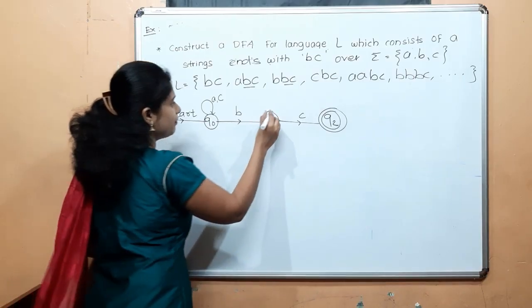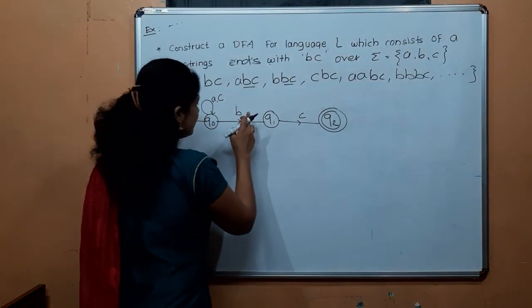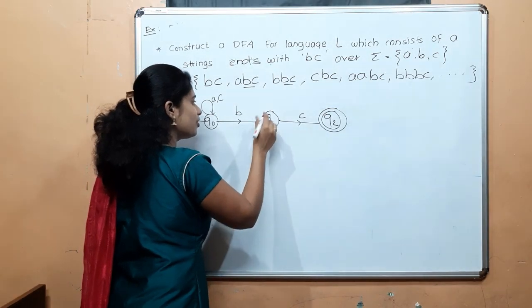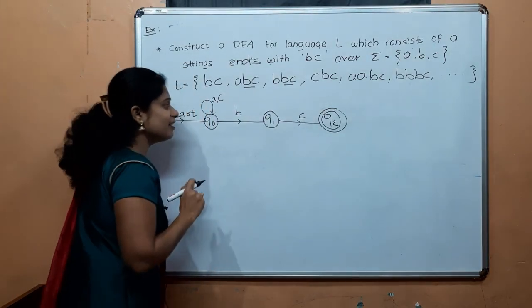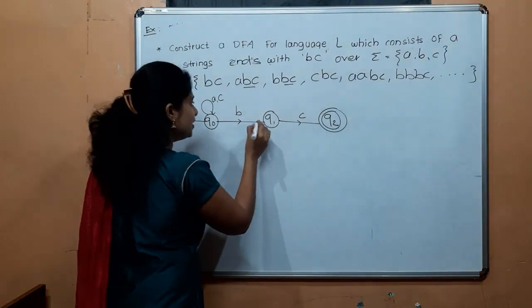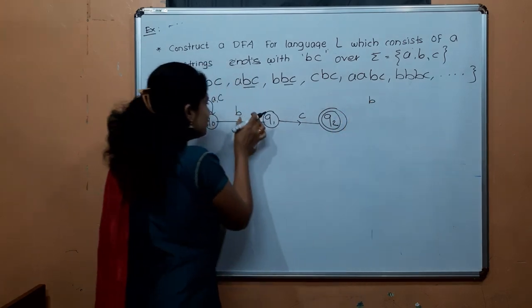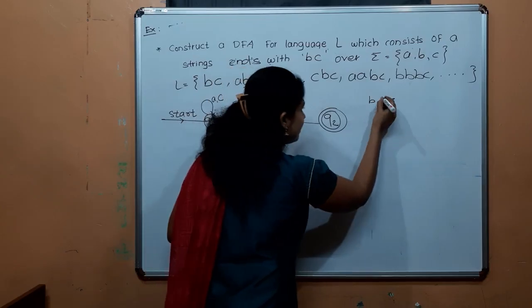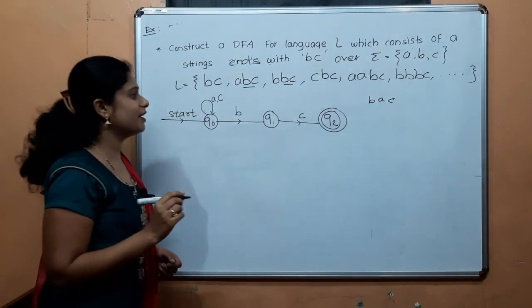Okay. Now see here, if A occurs between B and C, then it will not be valid. Suppose this is B and C, and the A is here, then what do I do?